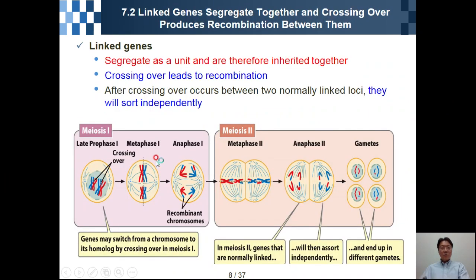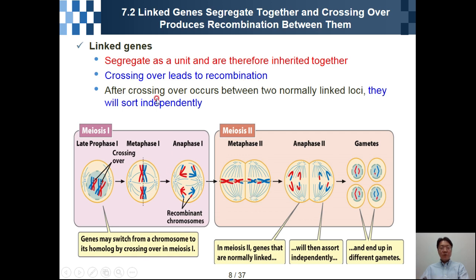In this slide, we'll see some details of crossing over. As I mentioned earlier, linked genes segregate as a unit and are therefore inherited together. But usually during meiosis 1, crossing over happens. Crossing over leads to recombination.